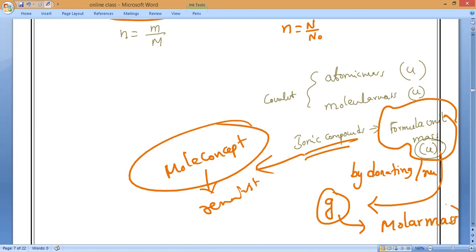Molar mass. The remaining is all the same as usual. So whether it is an ionic compound or a molecular, covalent compound, it doesn't matter. The mole concept always remains the same.